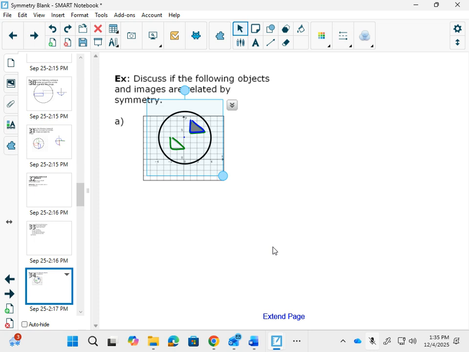Do you think if I rotate it, does it match up perfectly? Oh, it's pointed the other way. So there's our check for a rotation symmetry.